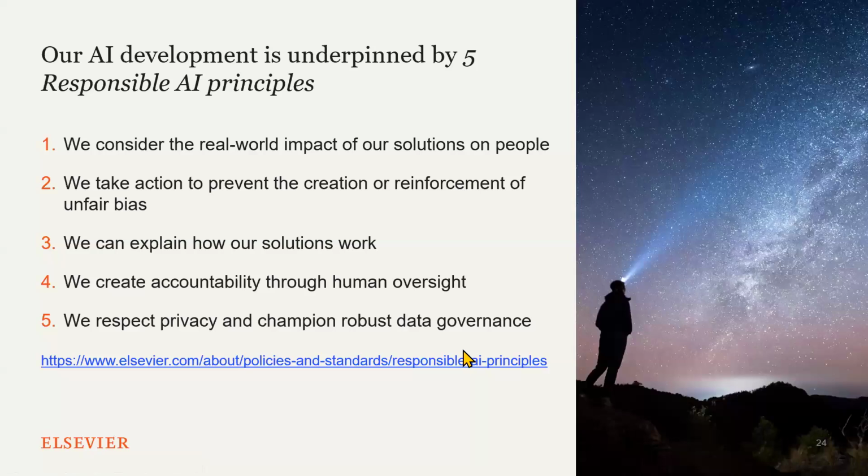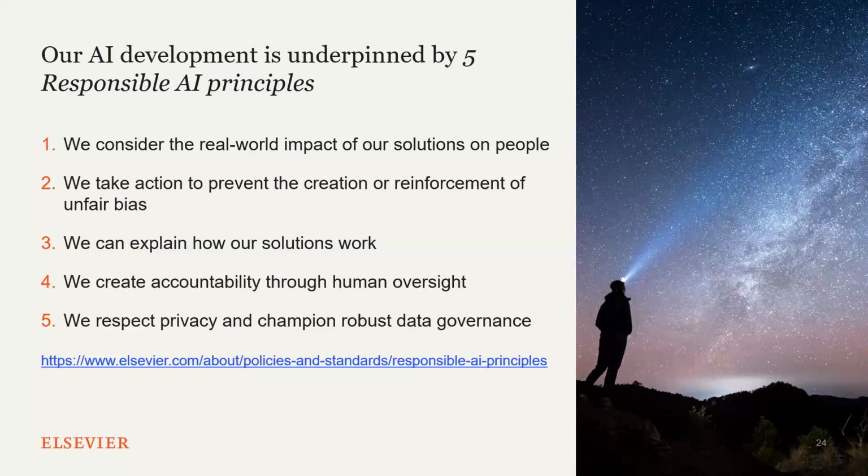Right, so what we mean when we say that it is responsible AI is that for Elsevier in general, as we are developing more AI solutions, we look at the real world impact on solutions and on people. We also take action to prevent creation or reinforcement of unfair bias. We can explain how the solution works.